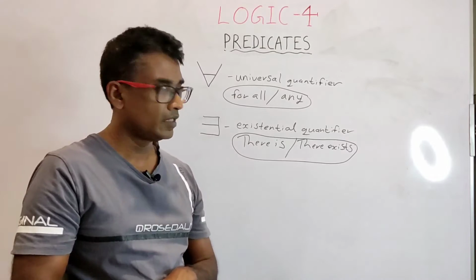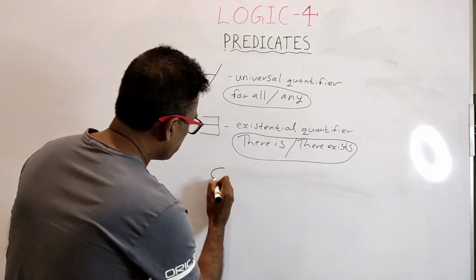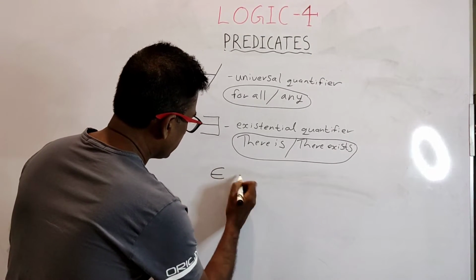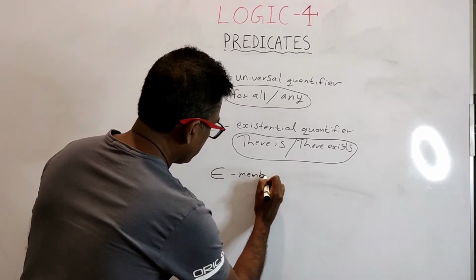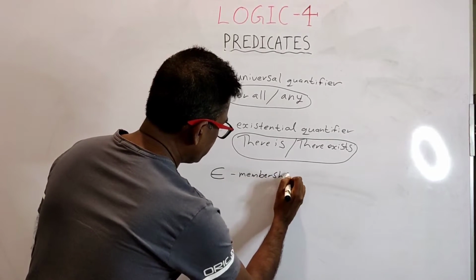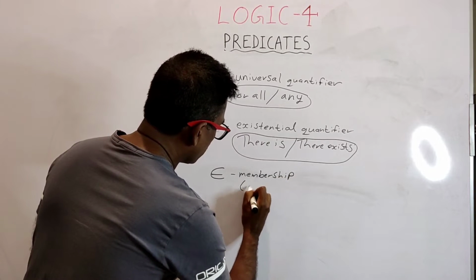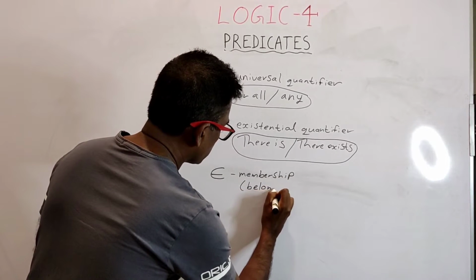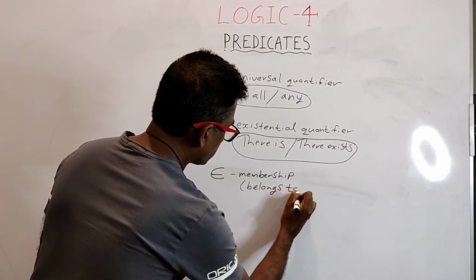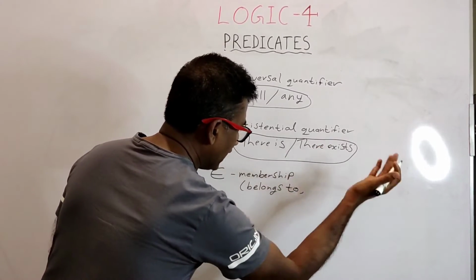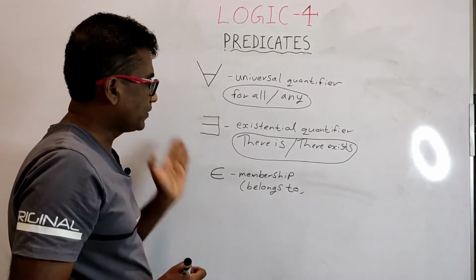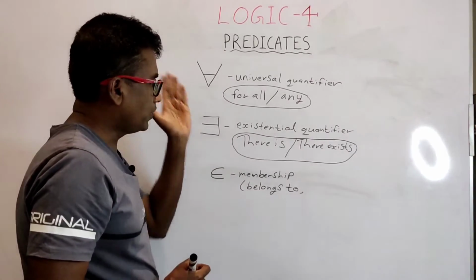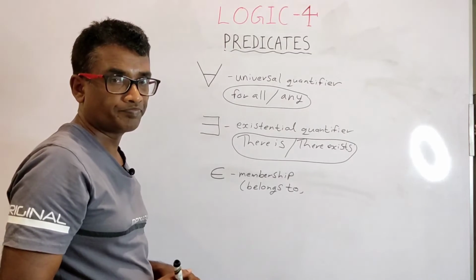Now the third symbol is the membership symbol, which means belongs to, or is a member, or is an element. So these are the three symbols that we need to know.